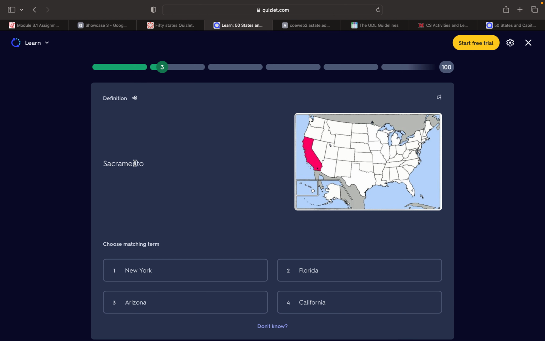But they can connect, okay, Sacramento, I know that's California. So this gives students two different avenues and simultaneously teaches them: here's the state, here's its outline, and here's its capital. But it also makes it more available to students who might be visually impaired or any other number of things. So I really like that about this, that you're doing both at once.